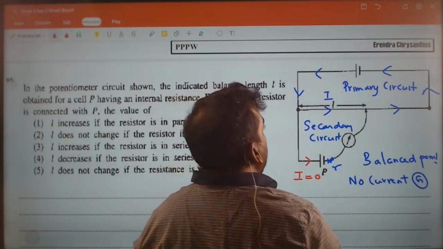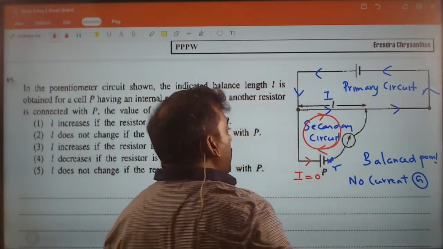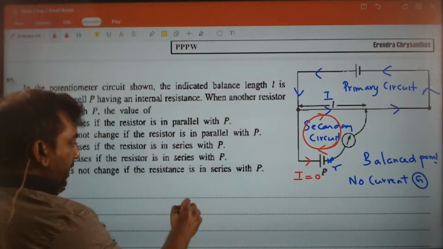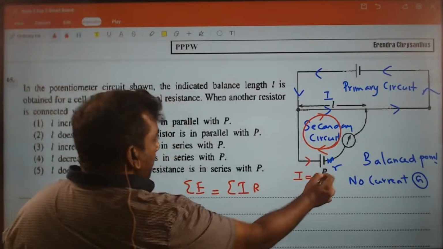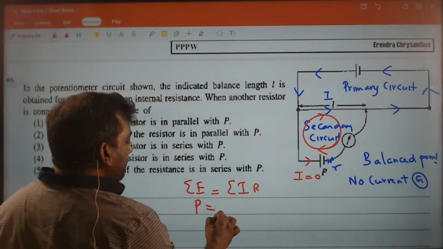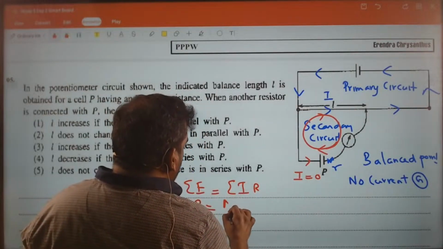Current in this branch is going to be 0. So you can apply Kirchhoff's law here: sum of EMF equals sum of potential differences. EMF of the cell here is P. Current is going across AC.